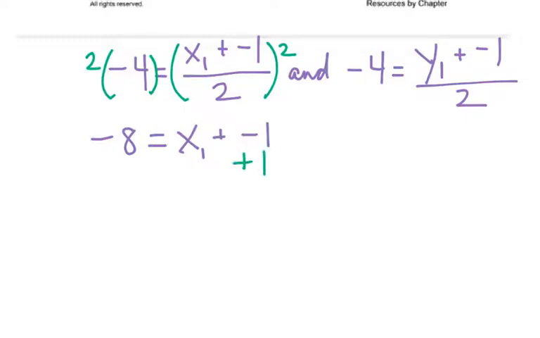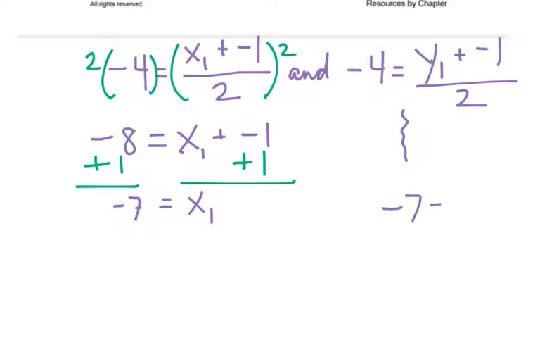I'm going to add 1 to both sides to make the x sub 1 alone. And one of those 1's is going to cancel, and I end up getting x sub 1 equals negative 7. You should be able to tell this is exactly the same, so I'm also going to get y sub 1 equals negative 7.